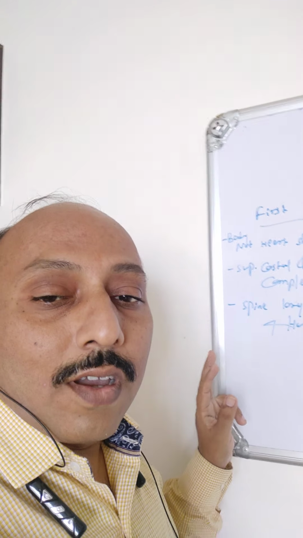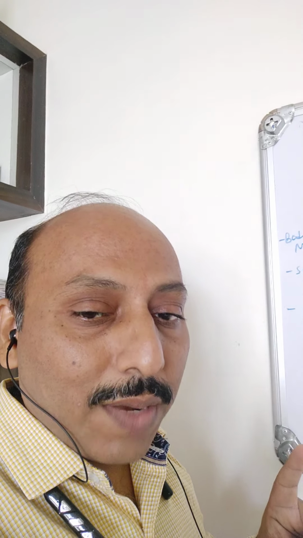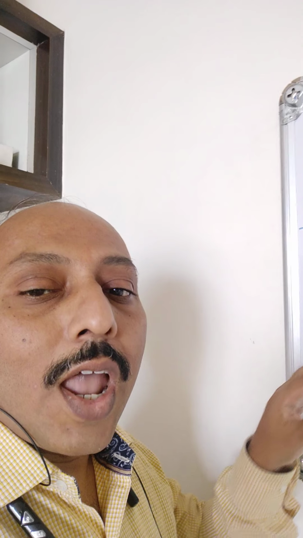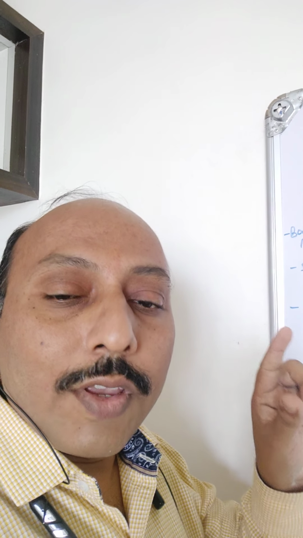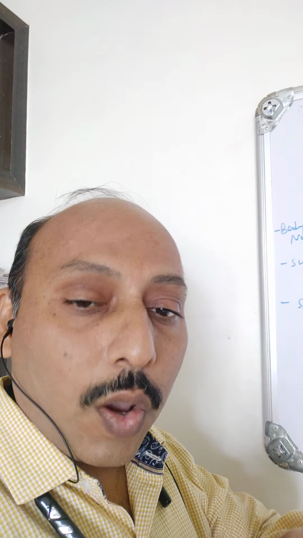So in the first thoracic vertebra, the body is not heart-shaped, the spine is quite horizontal, and it has a superior costal facet which is complete, not a demifacet, rounded. Now the 10th also has only a superior facet, complete, but the spine is directed downward.